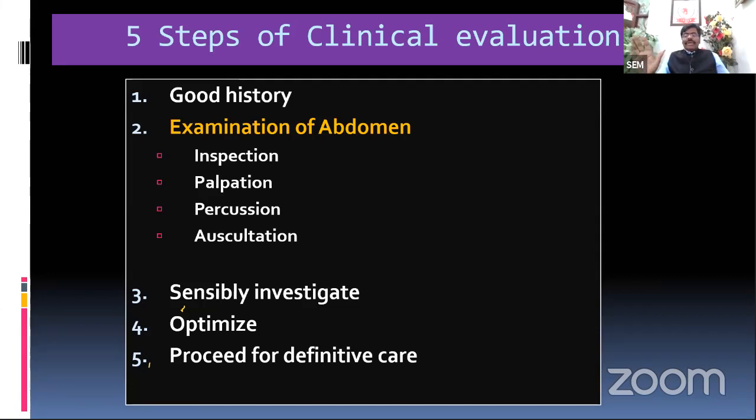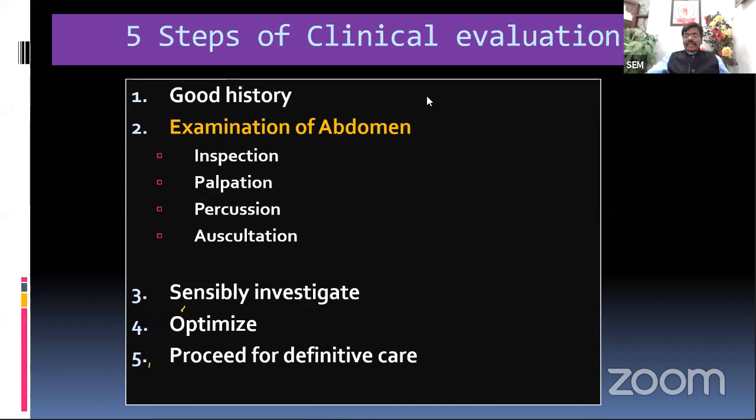And you come to a clinical diagnosis. Then investigate this particular patient with suspected intestinal obstruction with the various hematological, biochemical, and radiological investigations, out of which one is very, very important, that is X-ray abdomen, erect and supine. That is the investigation for this particular chapter.